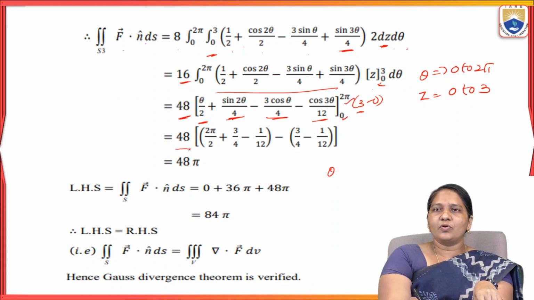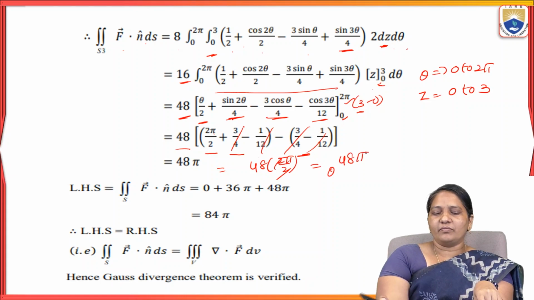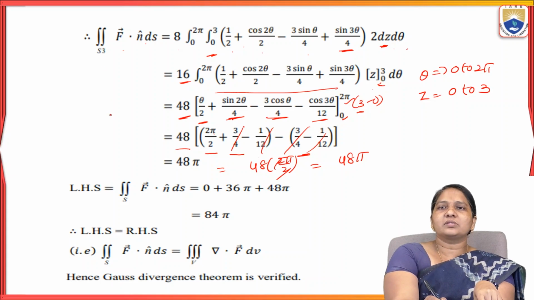So now we are replacing the limits 0 to 2 pi. We got here 48 into 2 pi by 2 plus 3 by 4 minus 1 by 12 minus 3 by 4 minus 1 by 12. When you are cancelling these terms, finally we got 48 into 2 pi by 2, so 2 will be cancelled. We got 48 pi. Now this is along the surface S3.